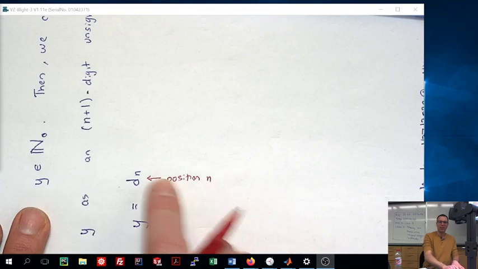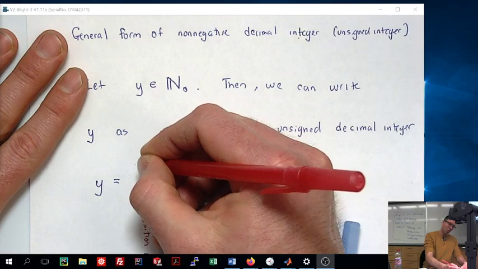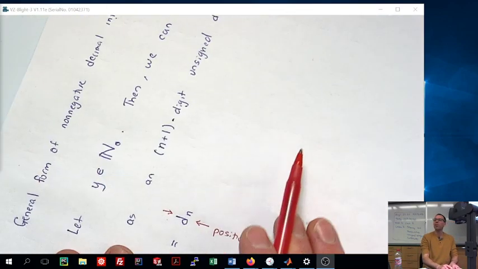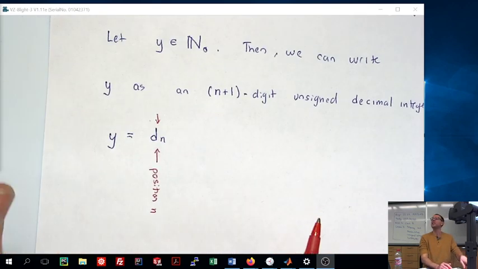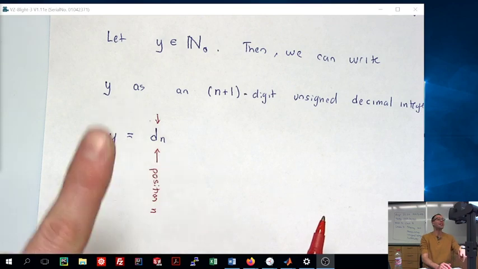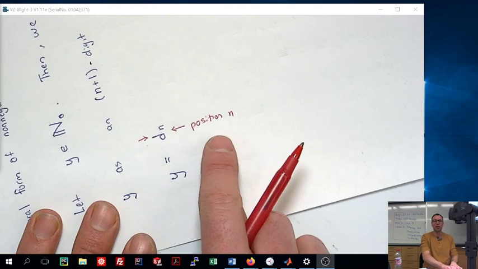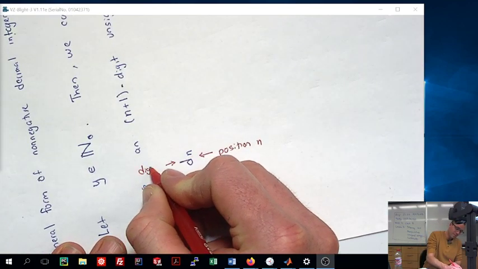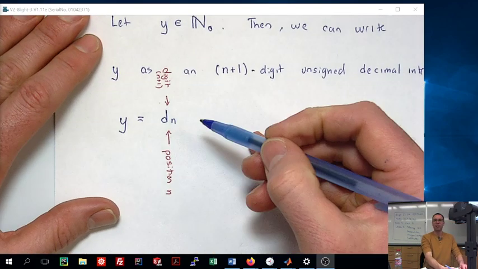Position n. Well, be careful. What did we say about the correlation between the position number and the digit number? Position is digit minus 1. Digit is position plus 1. So if this is position n, what's the digit number? n plus 1. Okay, so that's digit n plus 1.